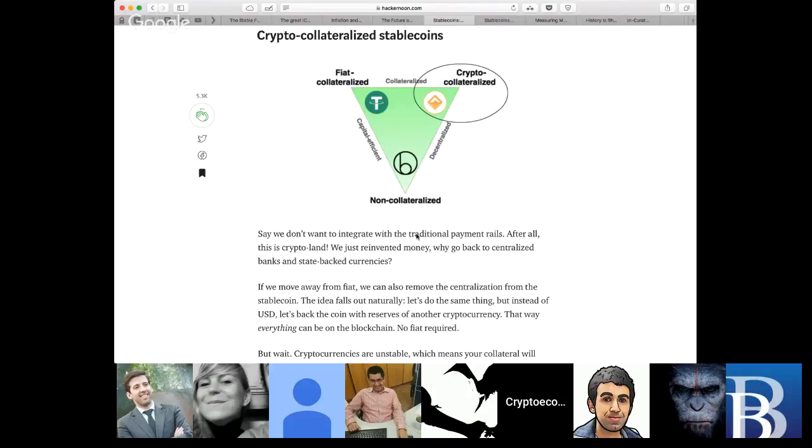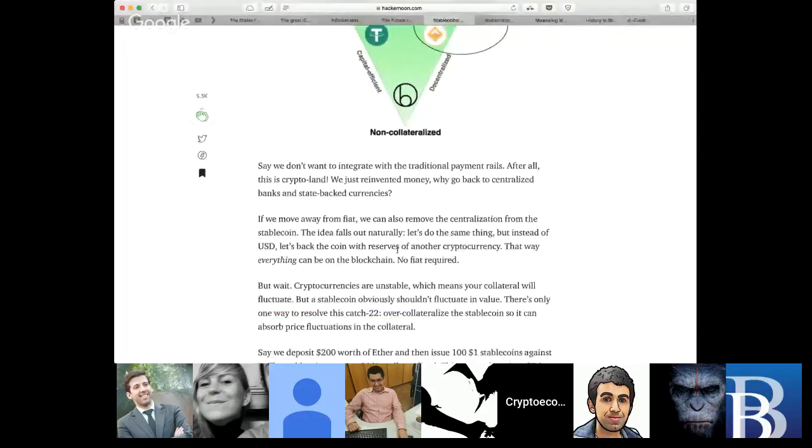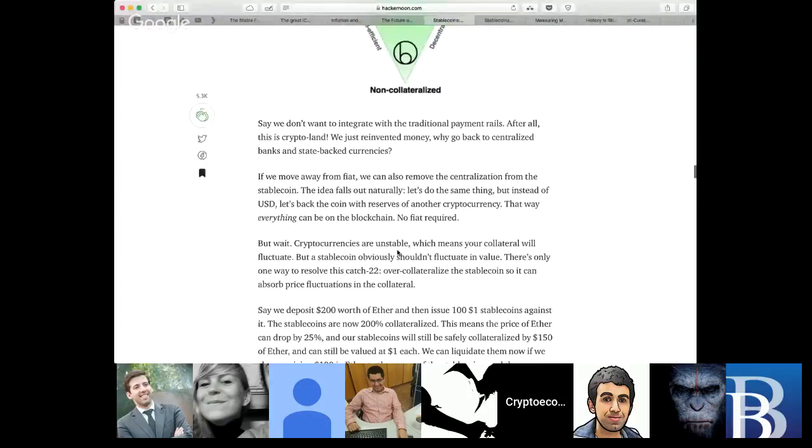So you have to find new mechanisms to counteract that volatility of the underlying crypto asset by another way, right? And this is where it gets really, really interesting.